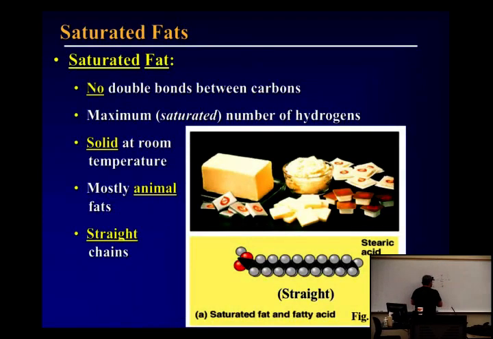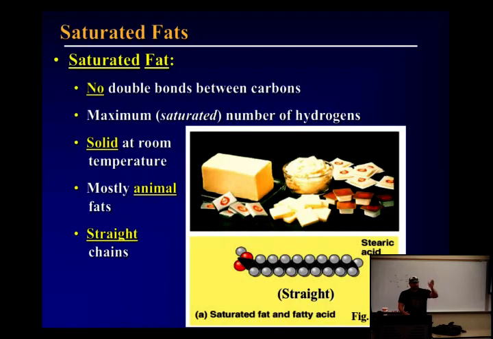Okay. So saturated fats don't have any double bonds. So they essentially lay flat. Their shape is like so. If I add a double bond into a fatty acid, it causes it to bend. Right?